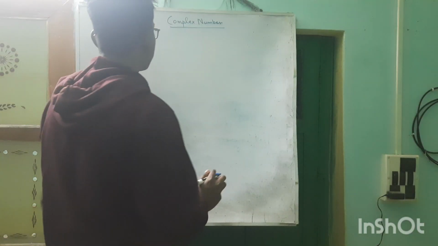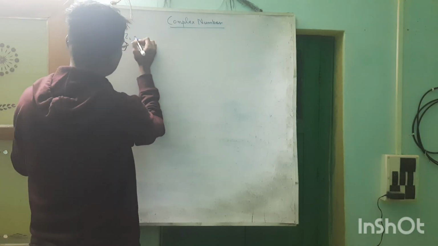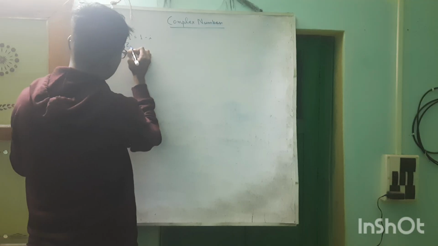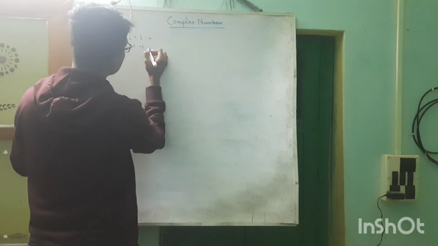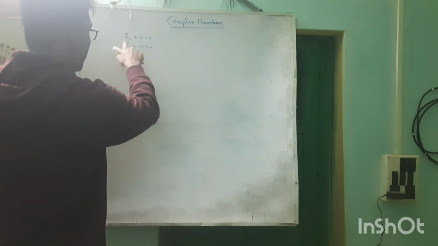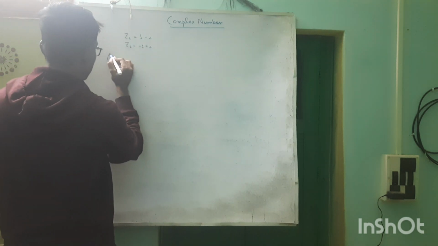Comes to example. We take two complex numbers, z1 is equal to 1 minus i and z2 is equal to minus 1 plus i. Now we calculate the argument of these two complex numbers.